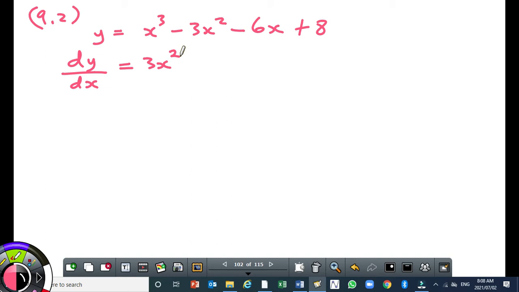Then 3 times minus 2, that will give me minus 6. Then you subtract 1 from that 2, you get minus 6x. The derivative of a constant times a variable, I told you, is the coefficient or the constant. So this would be minus 6. The derivative of a constant is 0.